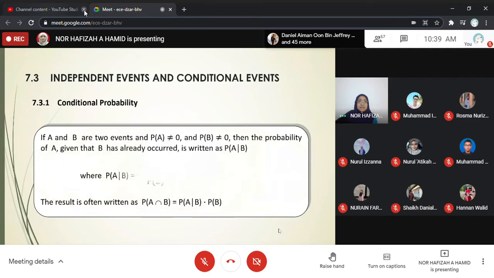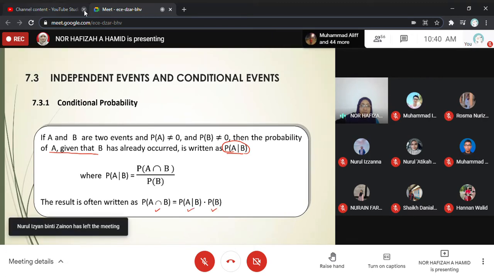For conditional probability, if A and B are two events, then the probability of A given that B has already occurred is written as probability of A given B. So the formula is probability of A intersect B over probability of B. From this formula you can also derive probability of A intersect B equal to probability of A given B times probability of B.